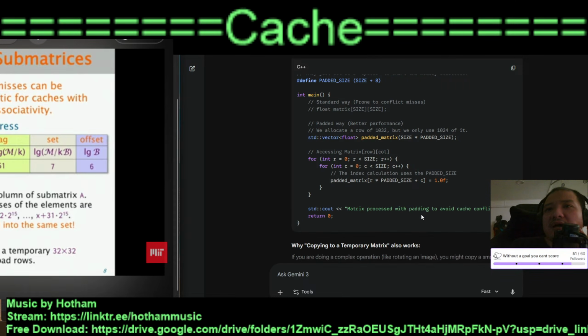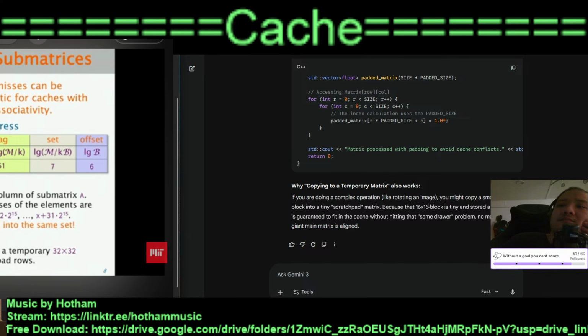Oh, okay. So you pad it so that the power-of-2 accessing of the index does not make it evict the cache more often. Okay, I see.